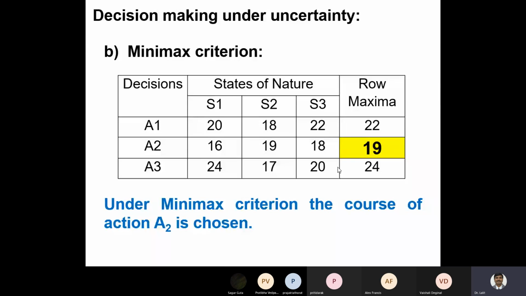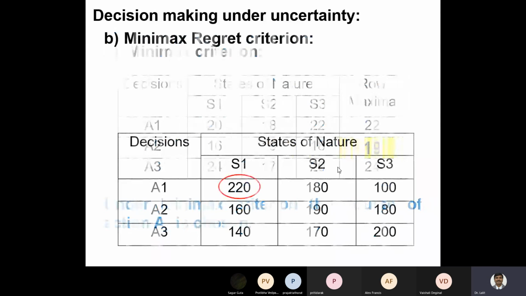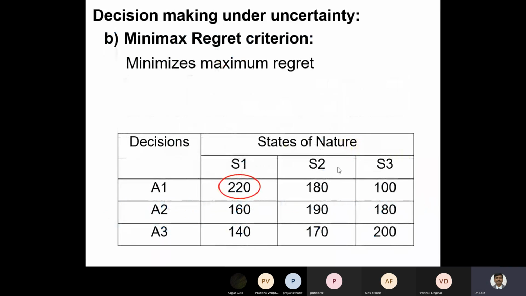If the given matrix is a profit or revenue matrix, then we convert it into a regret matrix. This criteria is called the minimax regret criteria. Its objective is to minimize the maximum regrets. What is meant by regret? Basically, regret is nothing but opportunity loss.